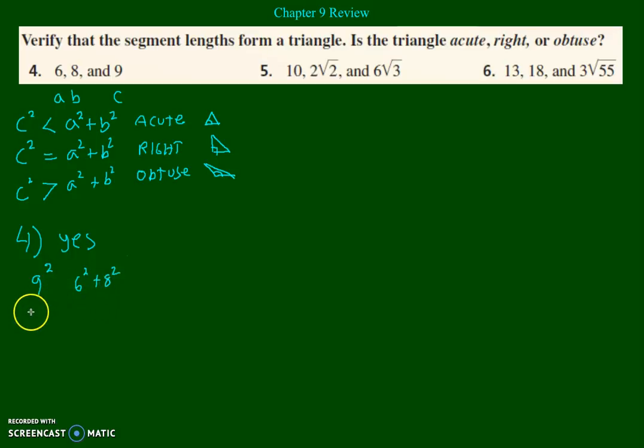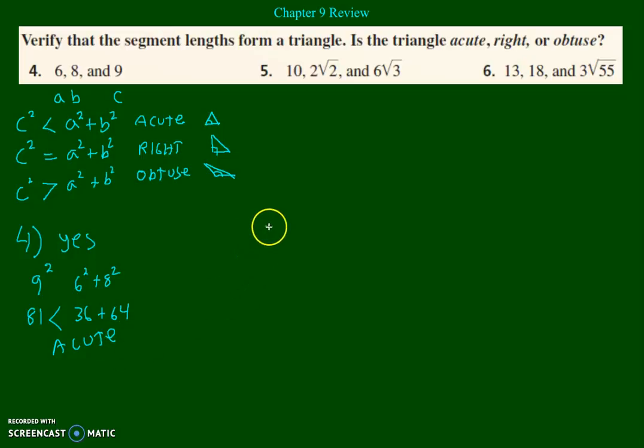Whatever sign goes in here will tell us whether it's acute, right, or obtuse. So 9 squared is 81, 6 squared is 36, and 8 squared is 64. 64 plus 36 is 100. Clearly, this is greater than this, so that's less than. The triangle must be acute.